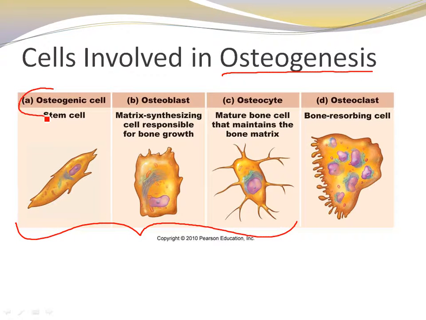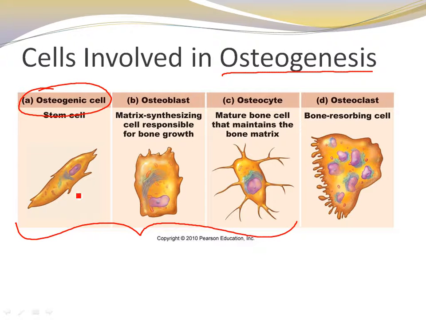Osteogenic cells, those are the youngest version of these cells. So they're not really specialized completely yet. They're not manufacturing any bone yet. In an adult, you would find some of these located in the connective tissue coverings of the bone that we talked about in the last lecture video clip.